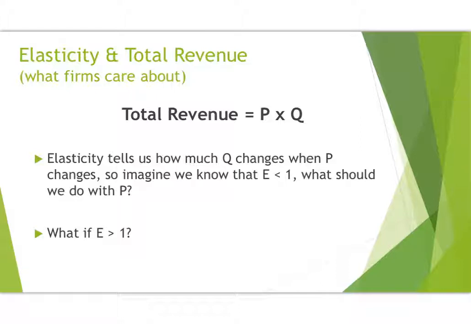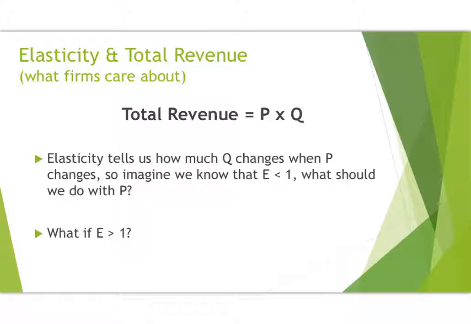Elasticity tells us how responsive quantity is to a change in price. Quantity and price are the two elements within total revenue, so if we know how responsive quantity is when we change price, we have a sense of what's going to happen to our revenue.